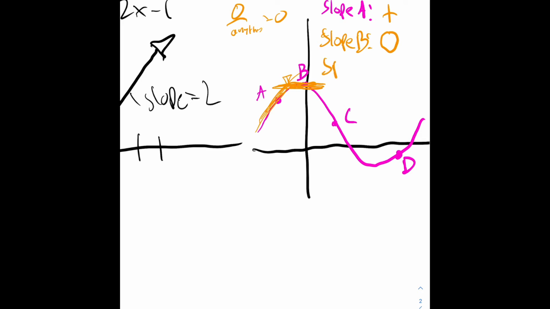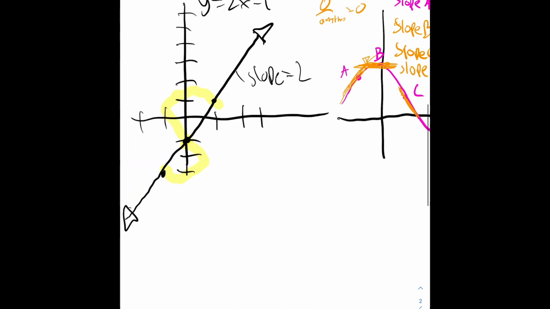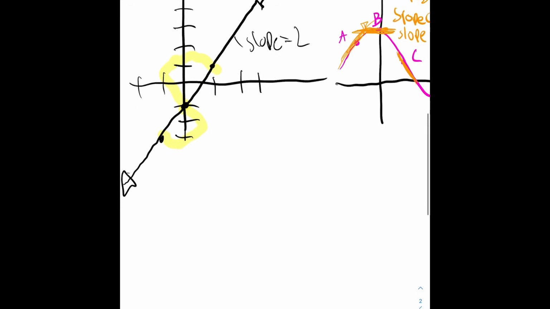Slope of C, this is trending down, so this is going to be a negative slope. And slope D, maybe not as strong as slope of A, but still going to be a positive slope. So looking at the different slopes in these intervals, it's going to be different than a linear function.